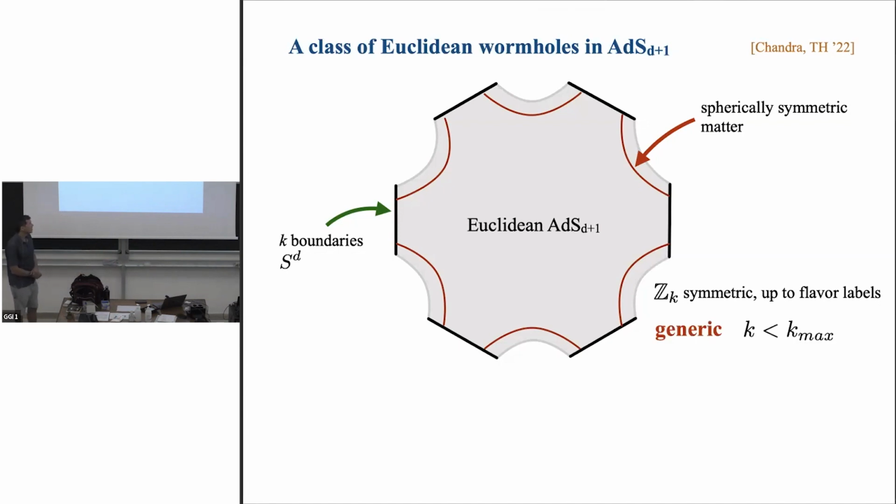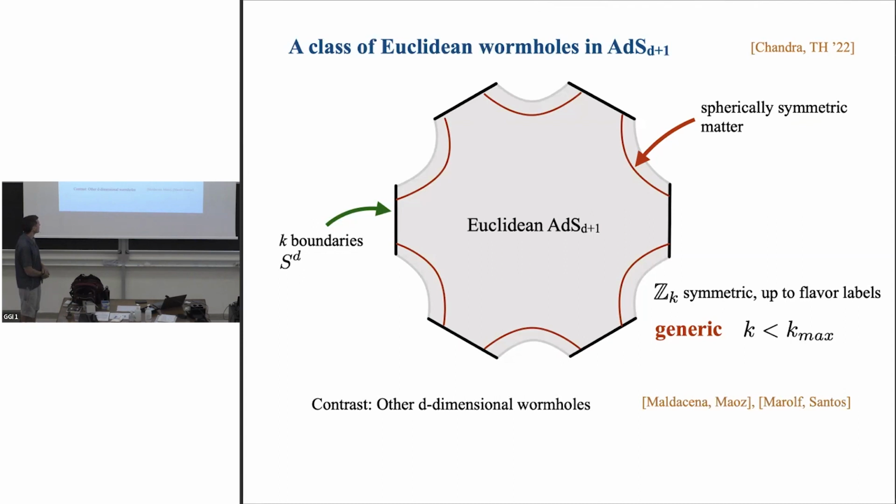I'll discuss a couple different kinds of matter content, but I think that solutions like this will exist with just about any reasonable matter content, with one important point, which is that depending on what matter you pick, there'll be a maximum number of boundaries that you can have for these type of wormholes. And sometimes that maximum will be less than 2, in which case you can only have fractional wormholes with less than 2 boundaries, but those still make sense and we'll still have a CFT interpretation.